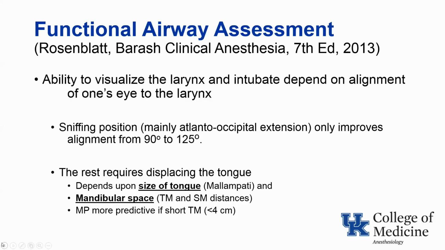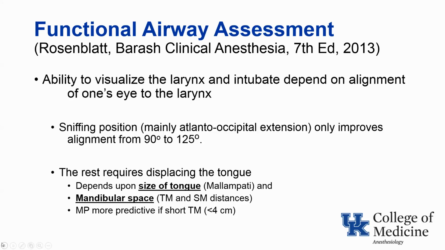He indicated that the ability to visualize the larynx depended on alignment, and that the sniffing position improved this, but not to 180 degrees, and the rest of the alignment requires displacing the tongue, and this depends on the size of the tongue and the mandibular space.